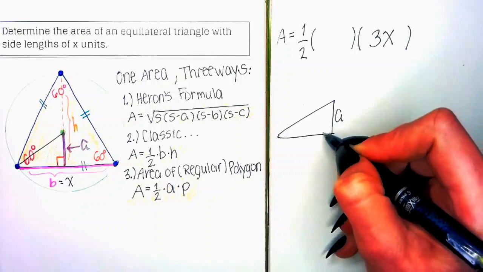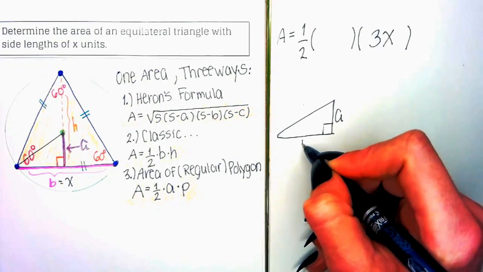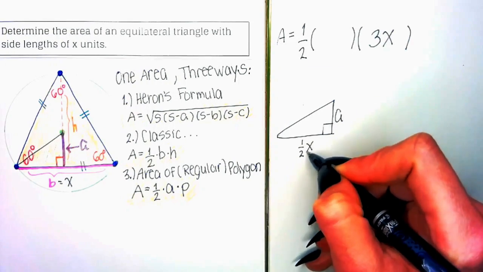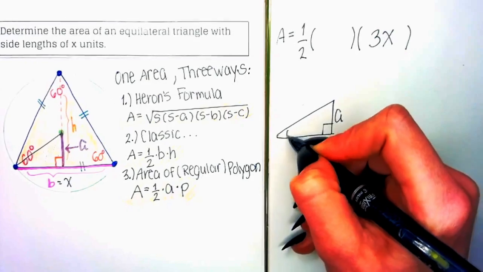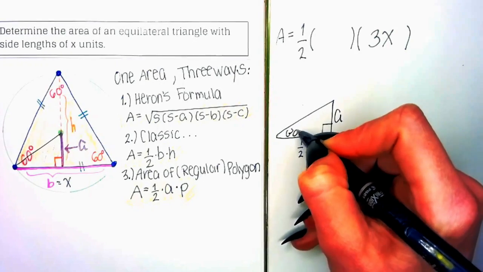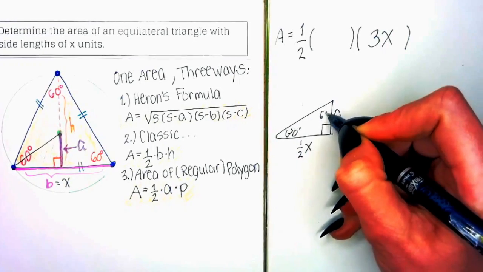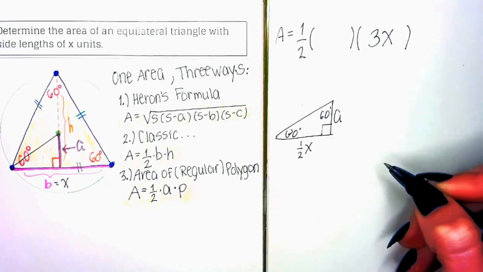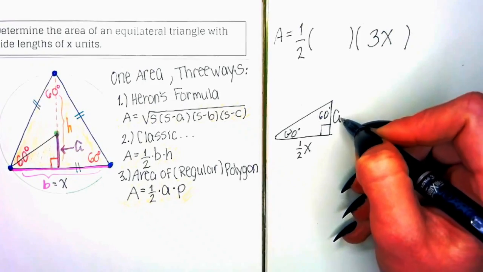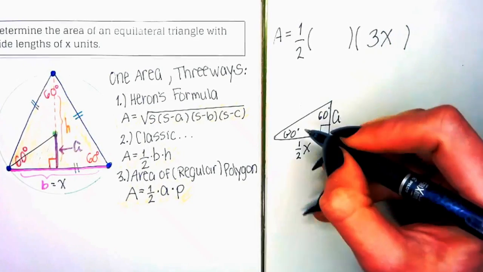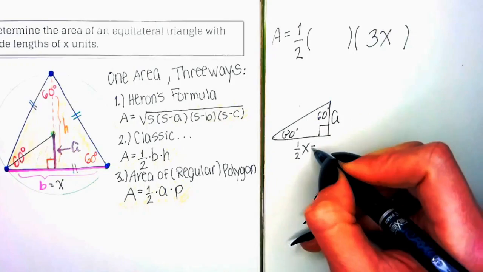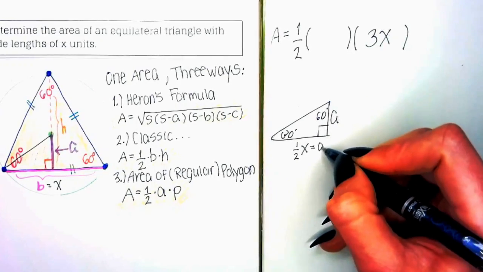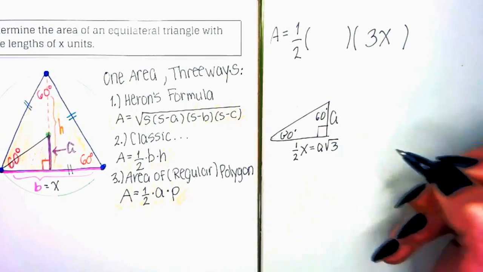Here we have the apothem, 90-degree angle. Here's 1/2 x. This is now a 30-degree angle, and this is 60. This is my smallest side. This is really, if this is A, this is A rad 3.